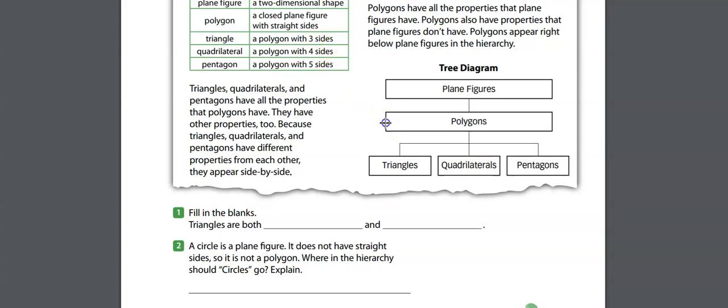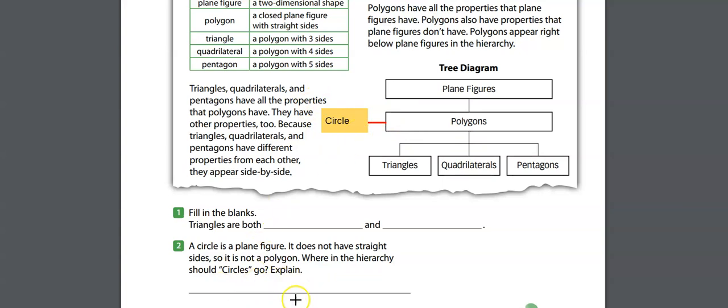So I would draw a line right here, and then I would make circle go next to my polygons because it is a plane figure underneath this category, but it is not a polygon. So we'll go in a category by itself.